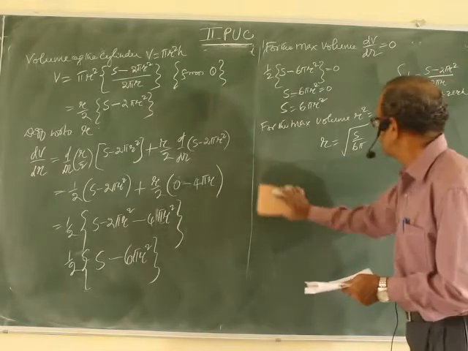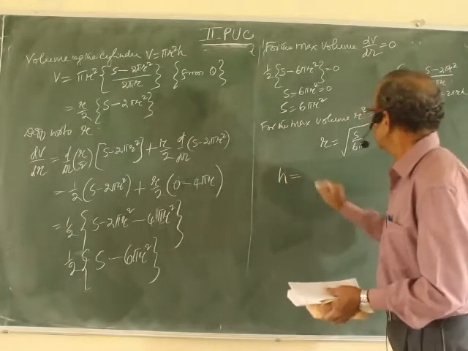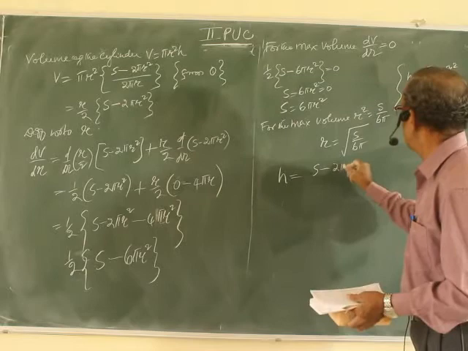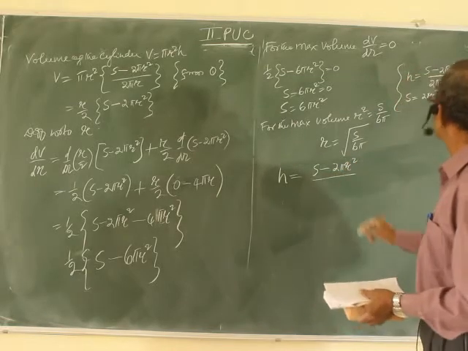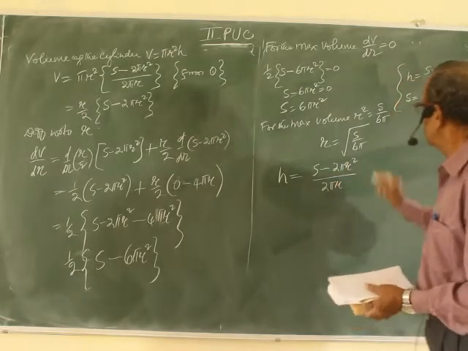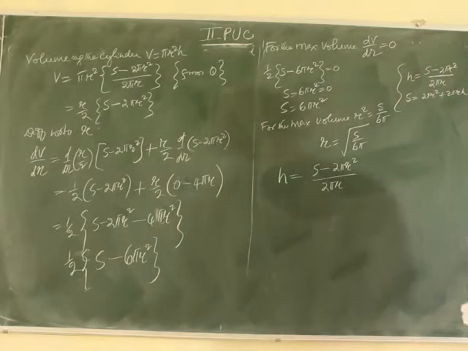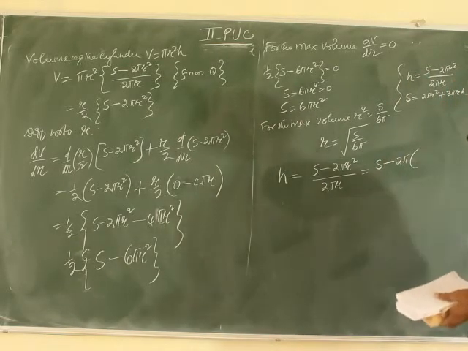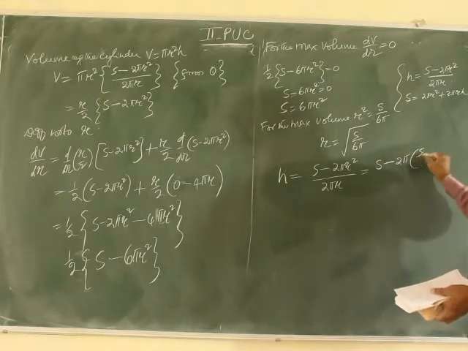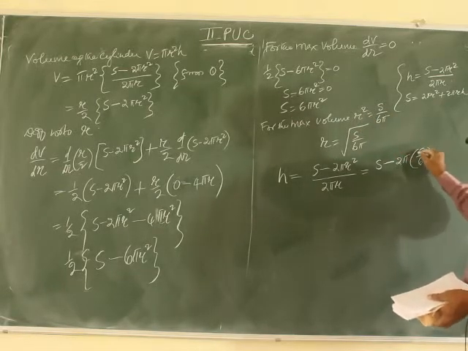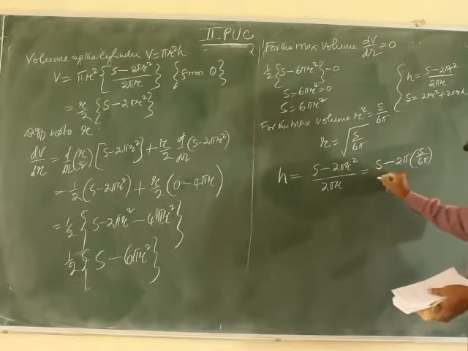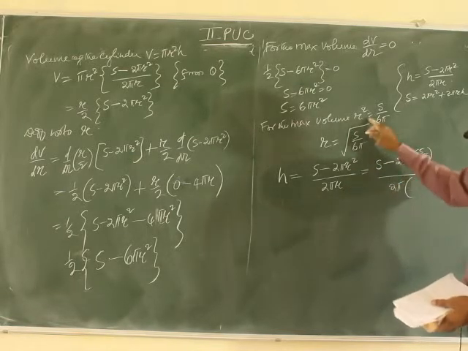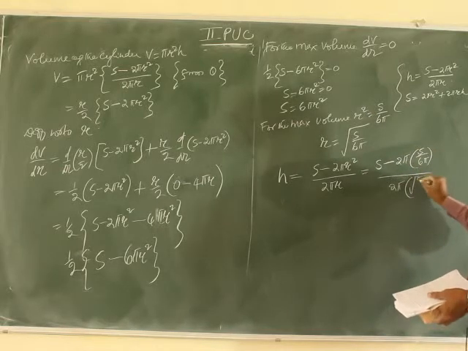Okay, right. h equal to S minus 2 pi r square divided by 2 pi r. Let me see what we get. Equal to S minus 2 pi r square, which is S minus S by 3, divided by 2 pi r, once again root S by 6 pi.